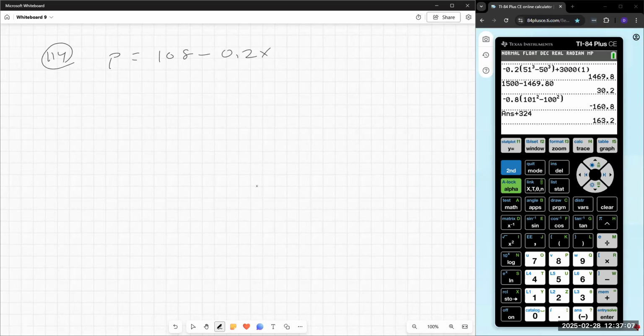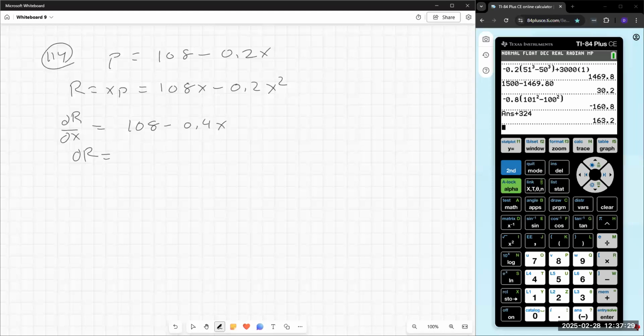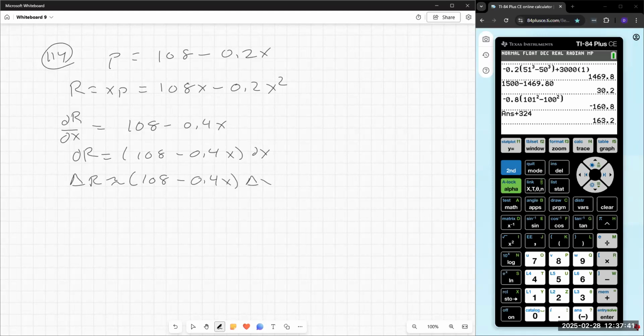And then we need to make the revenue function from that, R is equal to xp, which is 108x minus 0.2x squared. And then we want to perform marginal analysis, so dR/dx is going to be 108 minus 0.4x. So dR is going to be 108 minus 0.4x dx, meaning that delta R is approximately 108 minus 0.4x delta x.